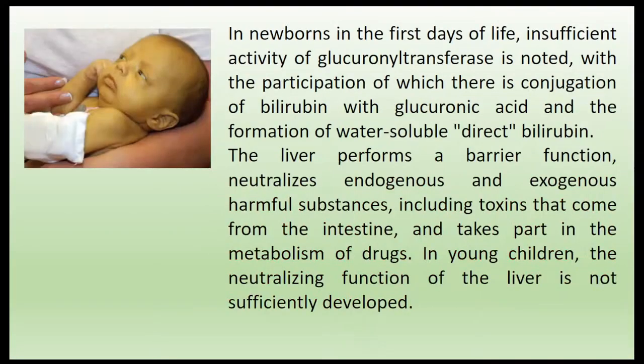In newborns, in the first days of life, insufficient activity of glucuronyl transferase is noted, which slows the conjugation of bilirubin with glucuronic acid and the formation of water-soluble direct bilirubin.